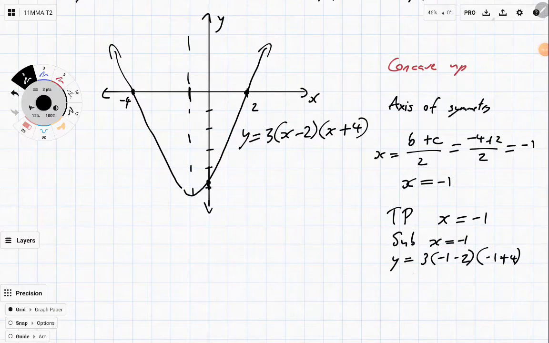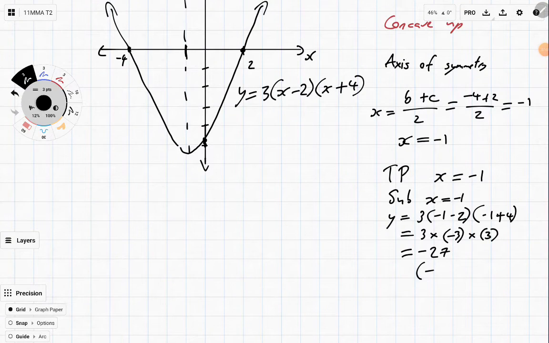Alrighty, so we get 3 times -3 times 3. 3 times 3 times 3 is 27, with a minus at the front, so minus 27. So our turning point is going to be -1, -27, which we can put on the graph like that. -1, -27.